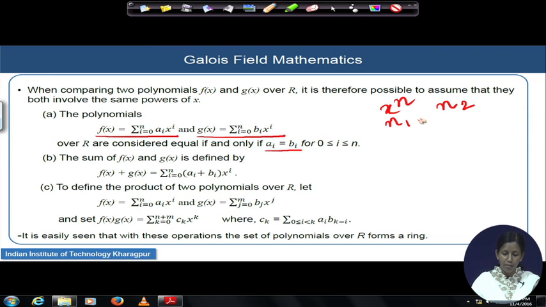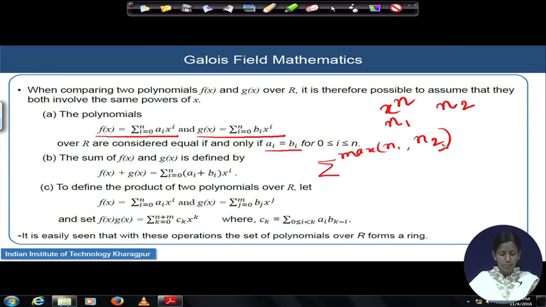Remember, if they have different values of n, then the summation will go up to the maximum of n1 comma n2, meaning whichever has the higher value, the summation will run up to that.